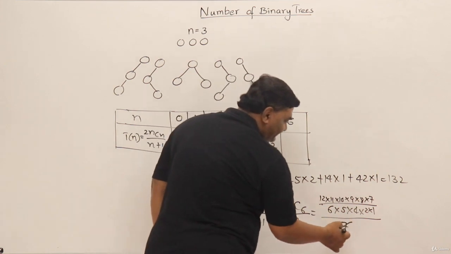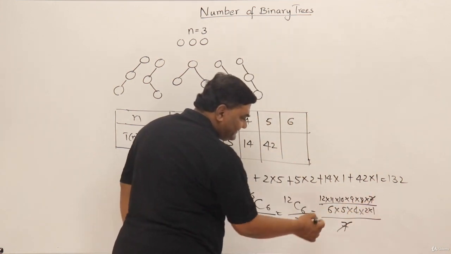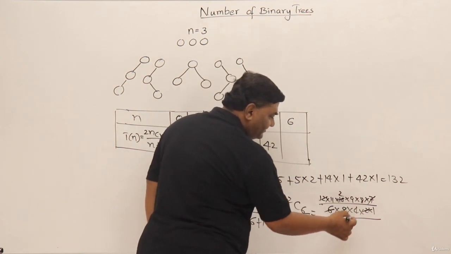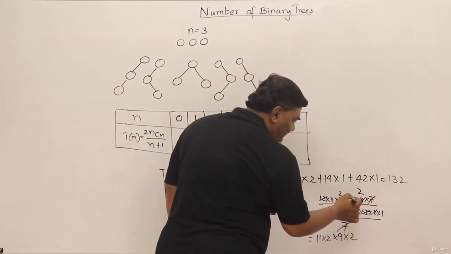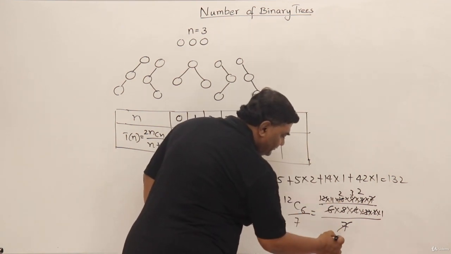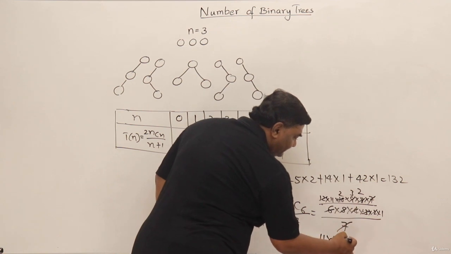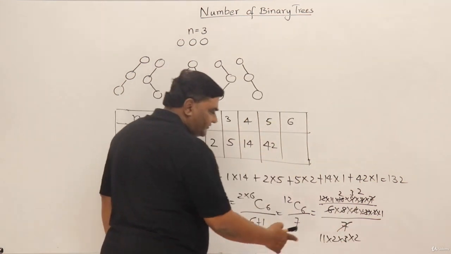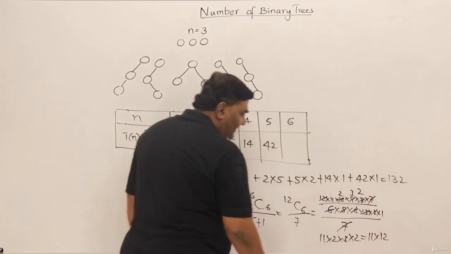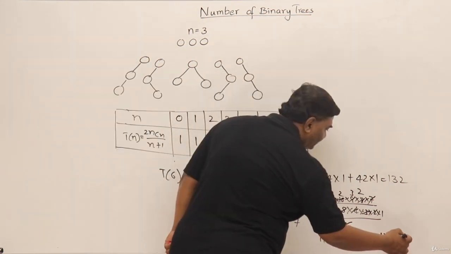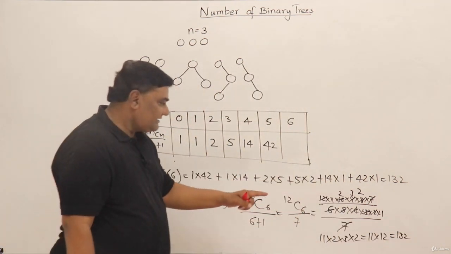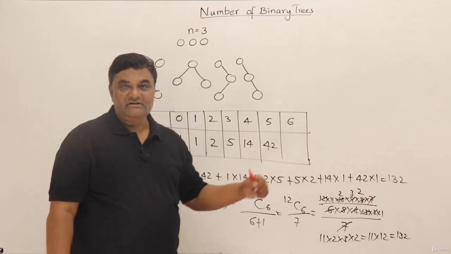Let us cancel these. 7 gets cancelled. 6 2s 12 gets cancelled. 5 2s 10. 4 2s 8. 3 3s 9. Remaining is 11 into 2 into 3 into 2. So this is 11 into 12, which is 132. So yes, we got the correct answer. By substituting in this formula also we got the correct answer.